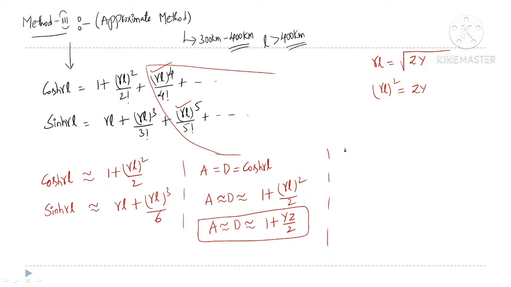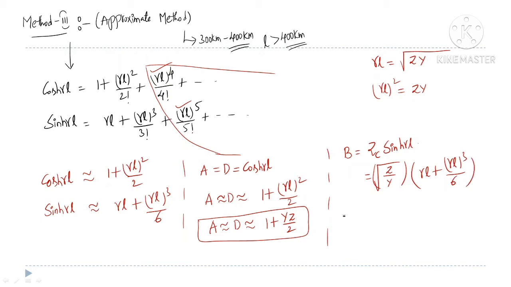Similarly, what is the B value? B value is Zc into sinh gamma L. What is Zc? We know that Zc is the root of the ratio of impedance to admittance. So Zc into sinh gamma L. What is sinh gamma L? It is gamma L plus (gamma L) whole cube by 6.